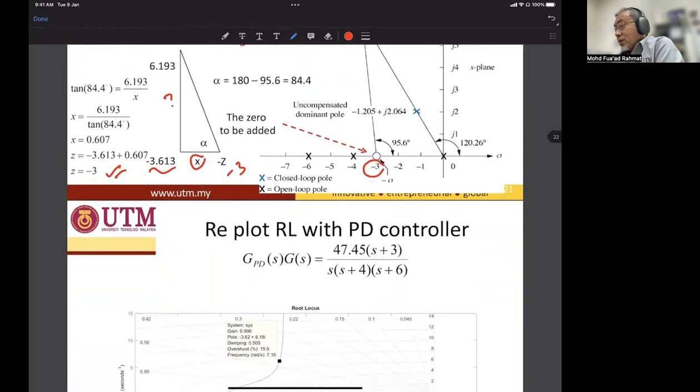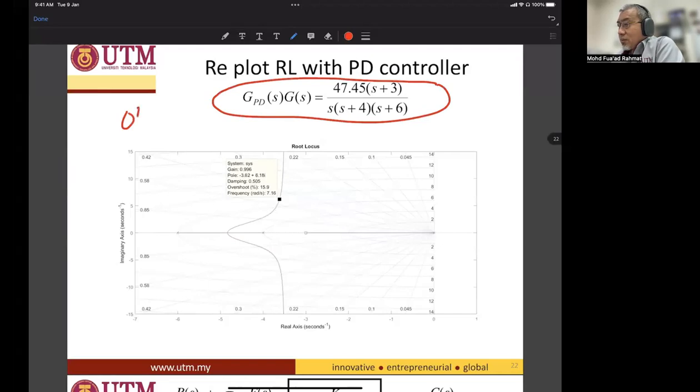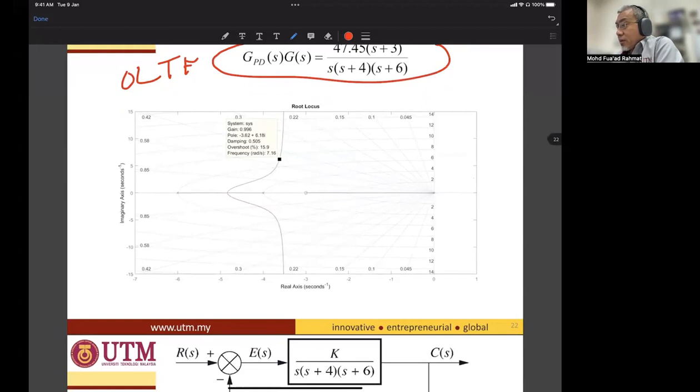So we replot the root locus, open loop, with the PD controller. You can see that the locus has now changed, as shown here, because this one starts from the zeros and ends here, and these two poles have a breakaway point, one goes up, one goes down, to infinity.